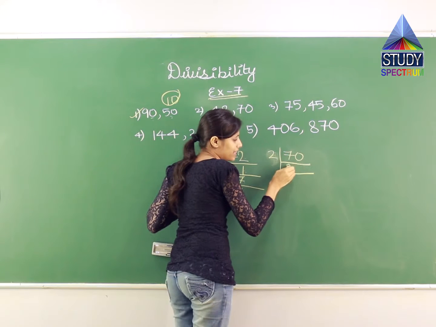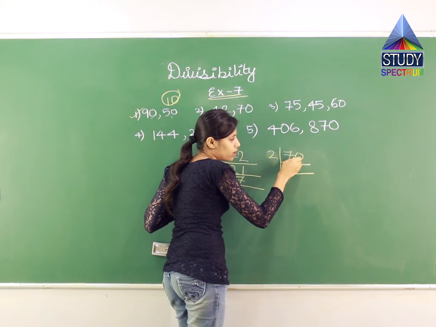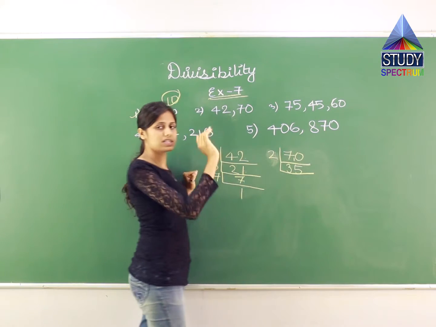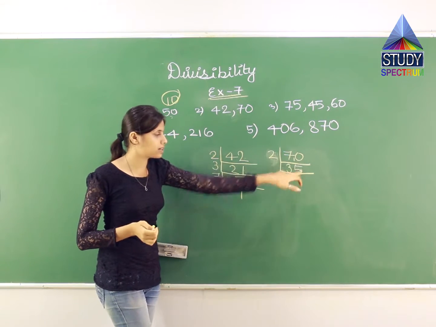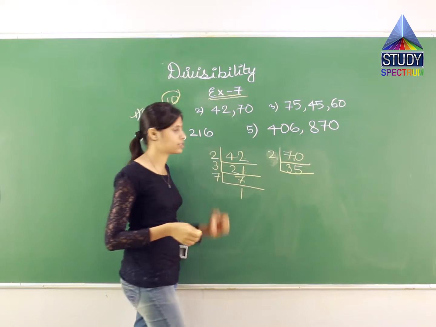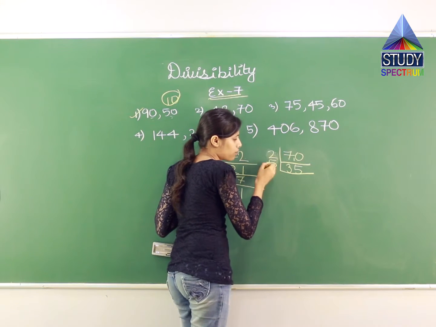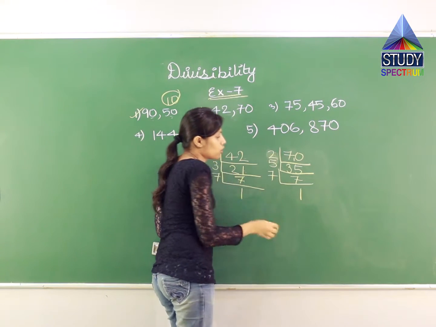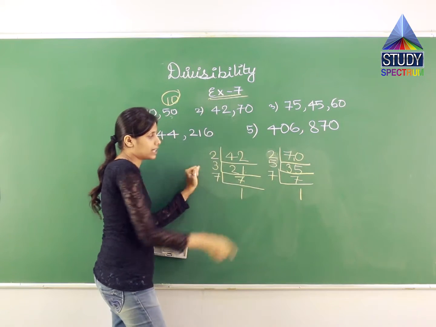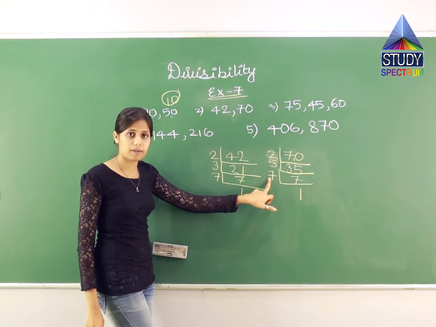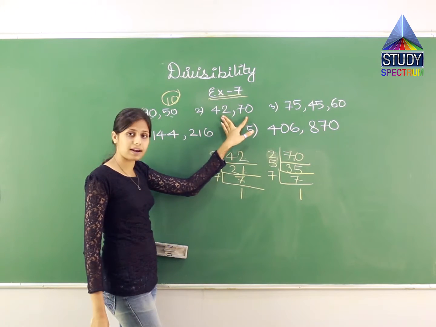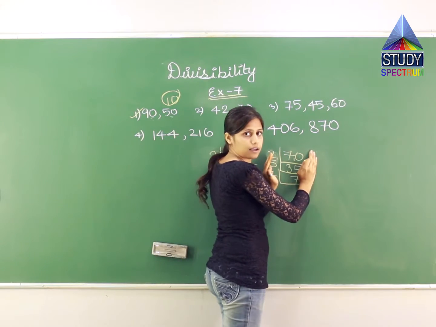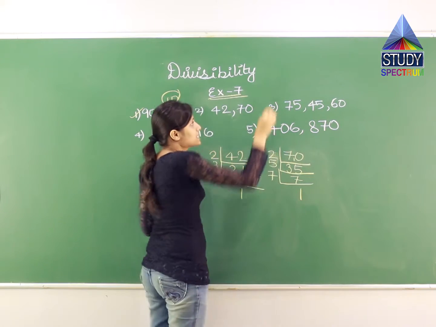So 2 3s are 6, 2 5s are 10. Or you can divide 70 by 2. You will get the answer as 35, which I have written over here in the factorization bracket. Again, I'll use now 5. 5 7s are 35. 7 1s are 7. So what are the factors I get for 70? 2, 5 and 7. Now they both are forming a pair, right? तो मैंने इसके डिवाइजर्स देखे, इसके डिवाइजर्स देखे. अब मुझे क्या चाहिए? GCD means what?